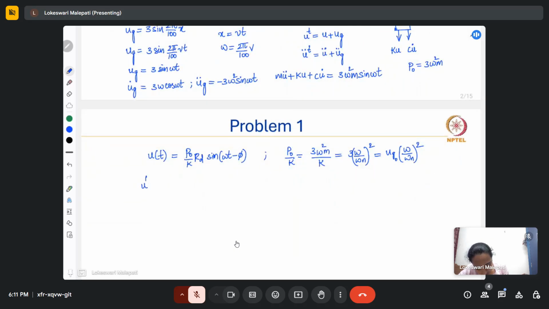At any time t, the total displacement is the summation of ug naught times omega by omega n the whole square times rd sine of omega t minus phi, plus ug naught. So let's write it like this.